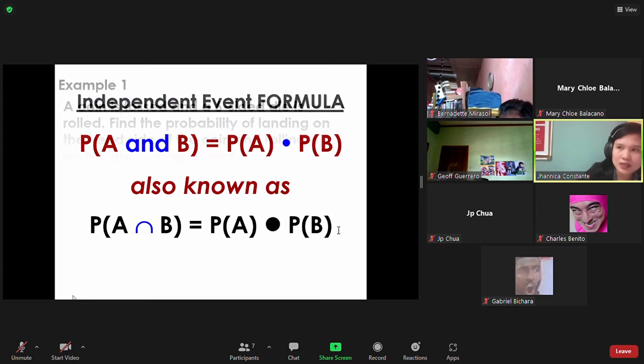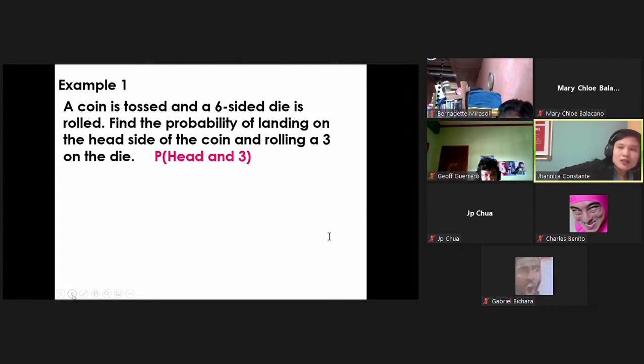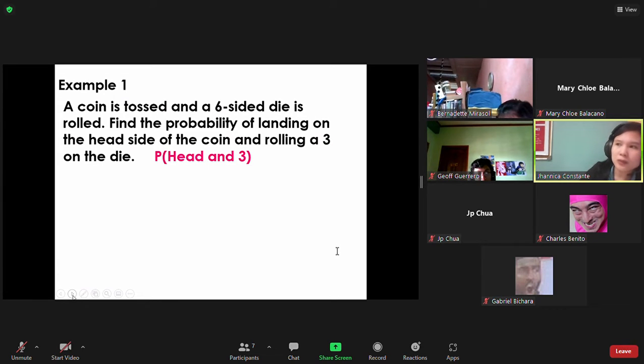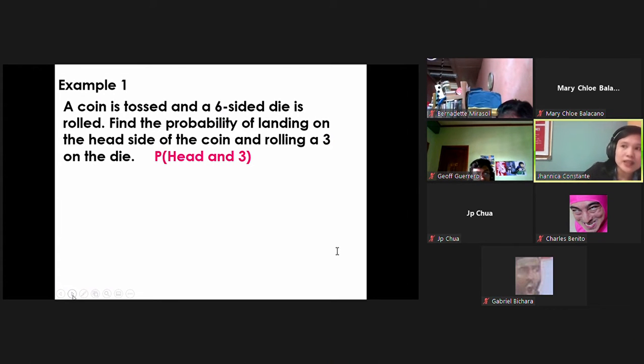we have this problem. A coin is tossed and a six-sided die is rolled. Find the probability of landing on the head side of the coin and rolling a 3 on your die. So we have two events in the problem: the first is tossing a coin, and the second is rolling a six-sided die.